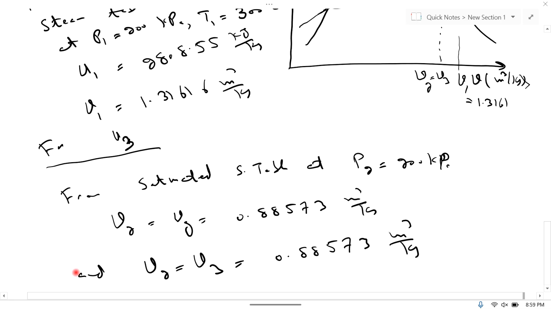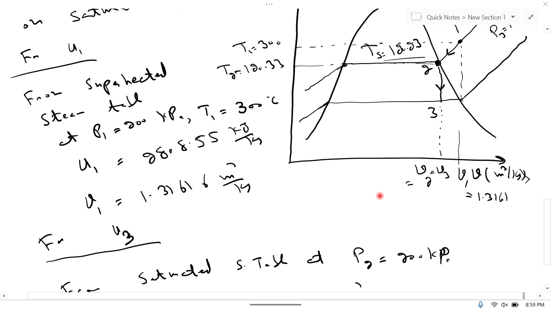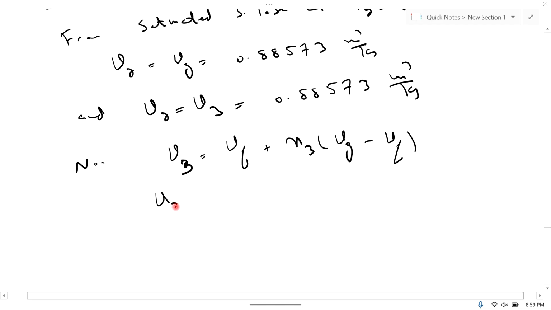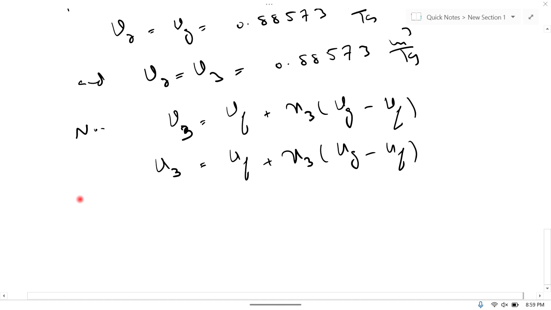Now we have two formulas: V3 is equal to Vf plus x3 times Vg minus Vf, and U3 is equal to Uf plus x3 times Ug minus Uf. From the first formula we will find x3, and from the second we will find U3.